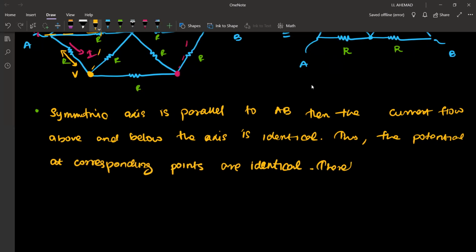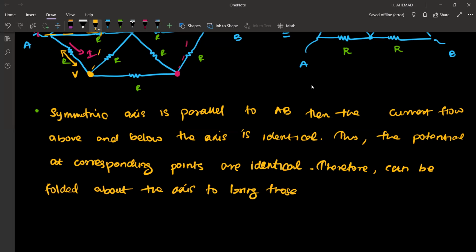Therefore, can be folded about the axis to bring those points closer.